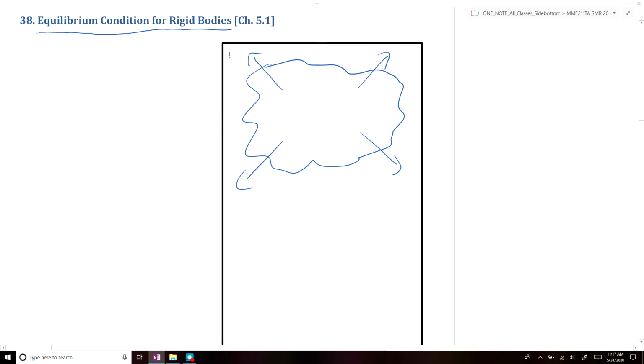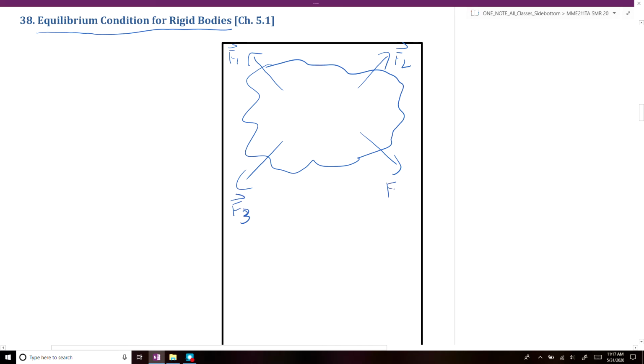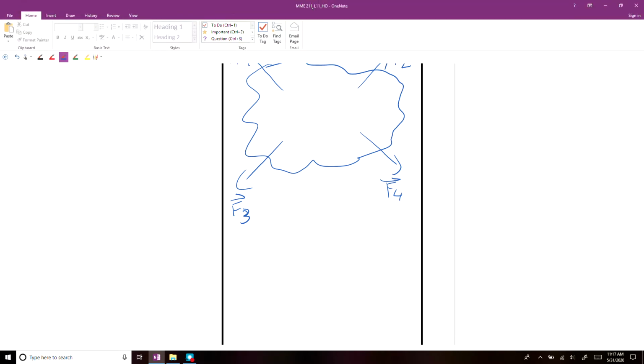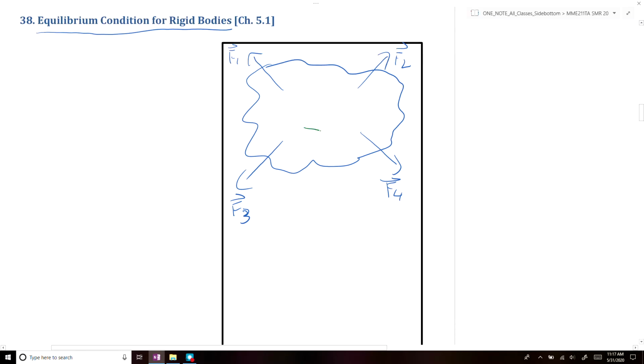Call it force 1, force 2, force 3, and force 4. It also may have a system of couple moments. So it might have, let's say, 2 couple moments acting on it.